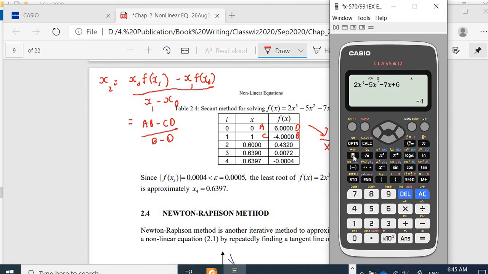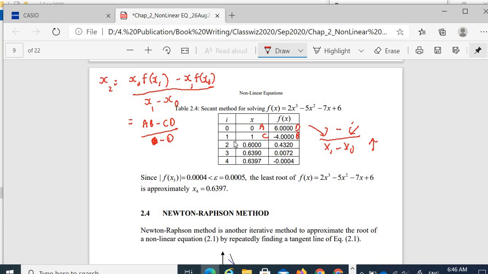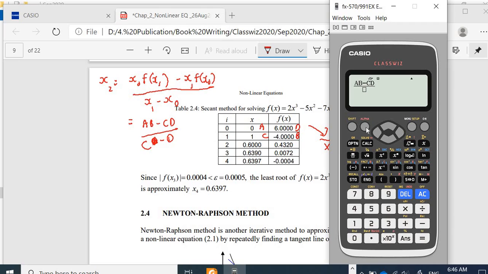So what I'm going to do is input the formula: alpha A, alpha B minus alpha C, alpha D divided by, this is actually my, so it should be C minus D. X1 is C, so this is C minus D. Alpha C minus alpha D, and I calculate.